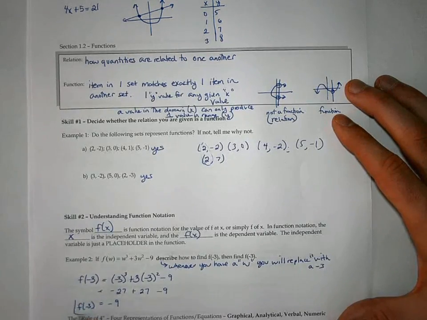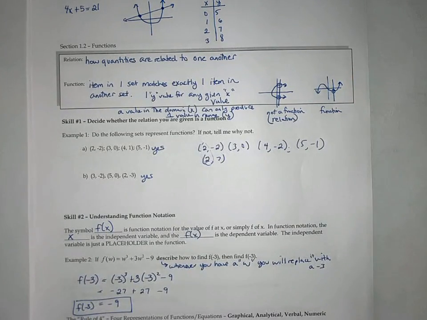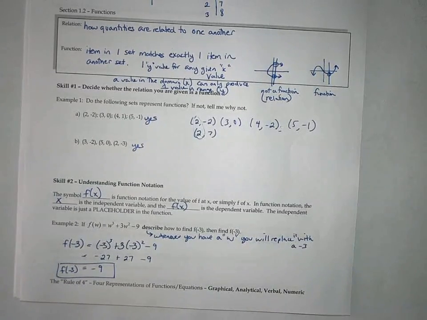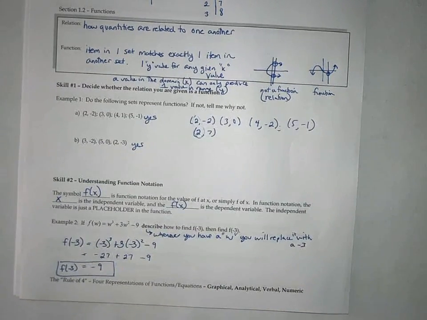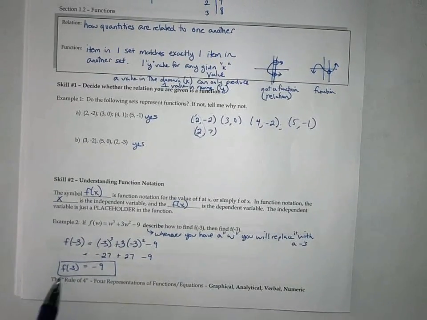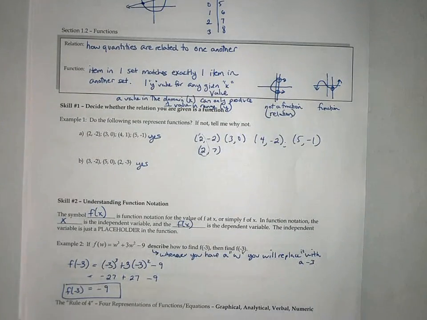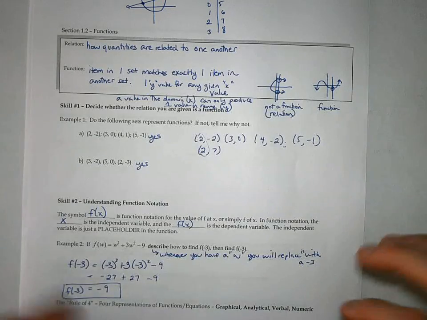So f of negative 3 is equal to negative 9. Do not fall into the pattern of saying I've got to divide through by negative 3 to get that f by itself. This is function notation, so my final answer should be in function notation. So f of negative 3 is equal to that negative 9.